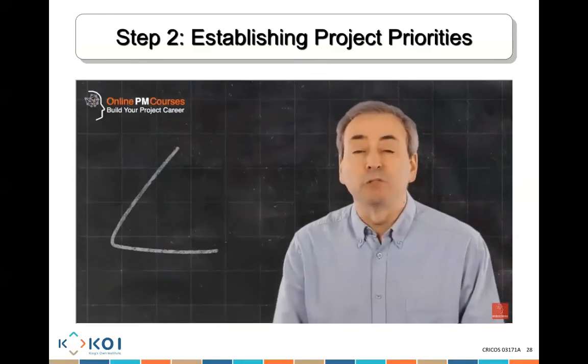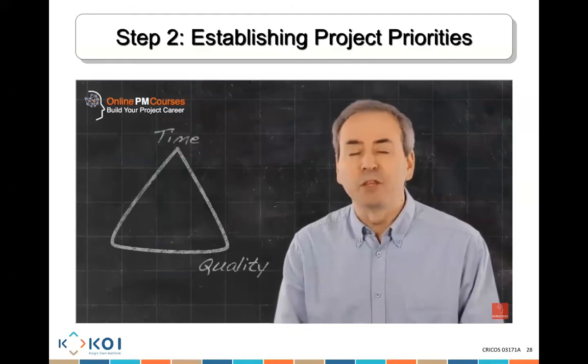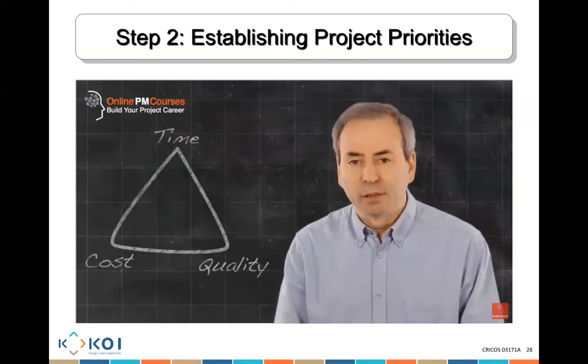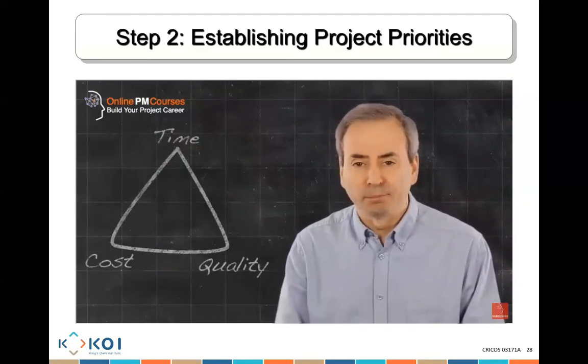The iron triangle is a representation of the competing pressures to produce something that is the best you can possibly produce, as quickly as possible, and for the minimum cost. Some people say time, cost, quality, pick 2. It's not quite as simple as that, but it does capture the essence of the iron triangle.